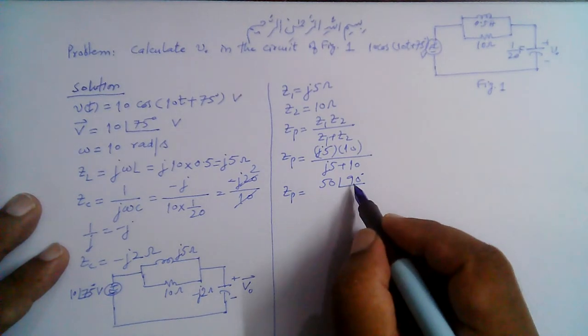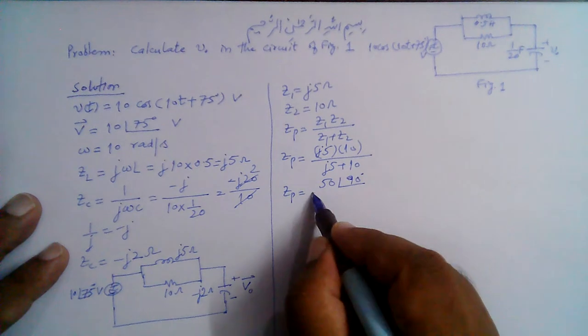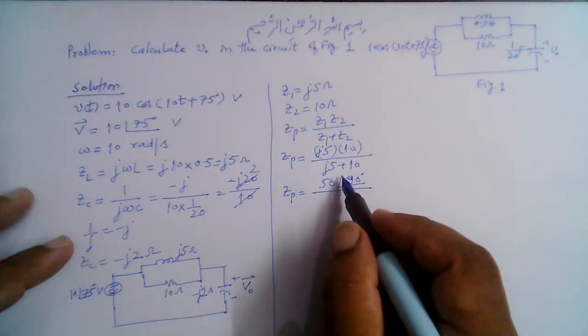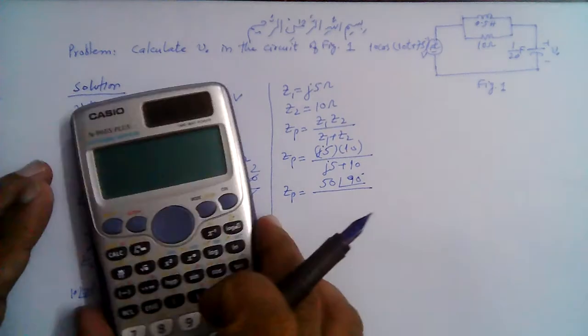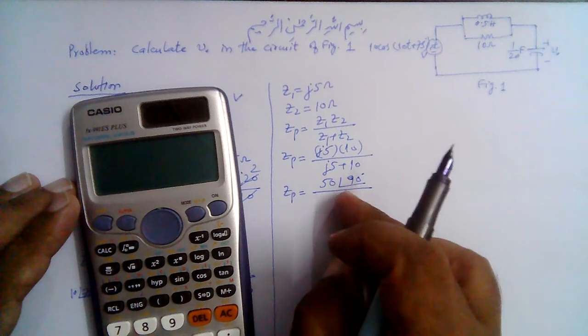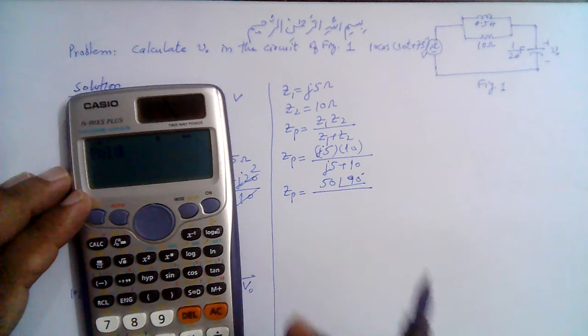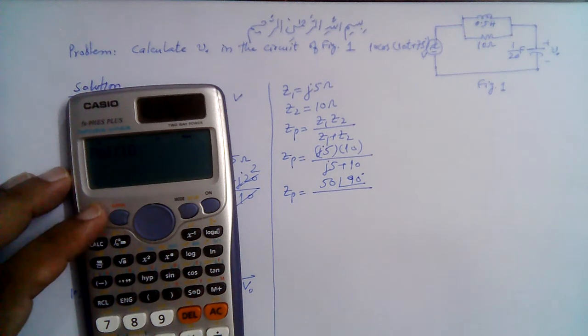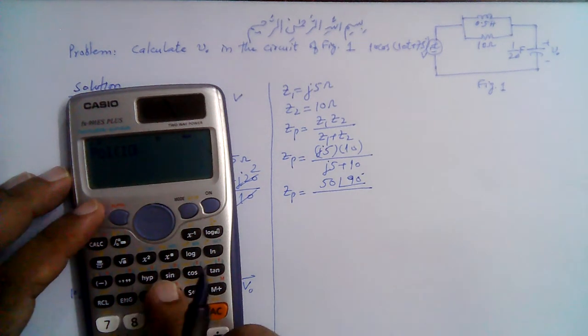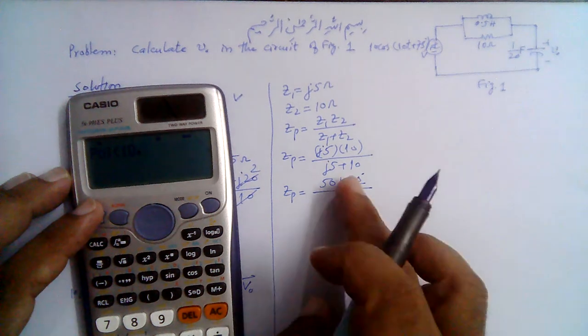So 50 angle 90 degrees, and this 10 plus J5 can also be transformed into the polar form, which will be easier for division. So 10 and this is 5.